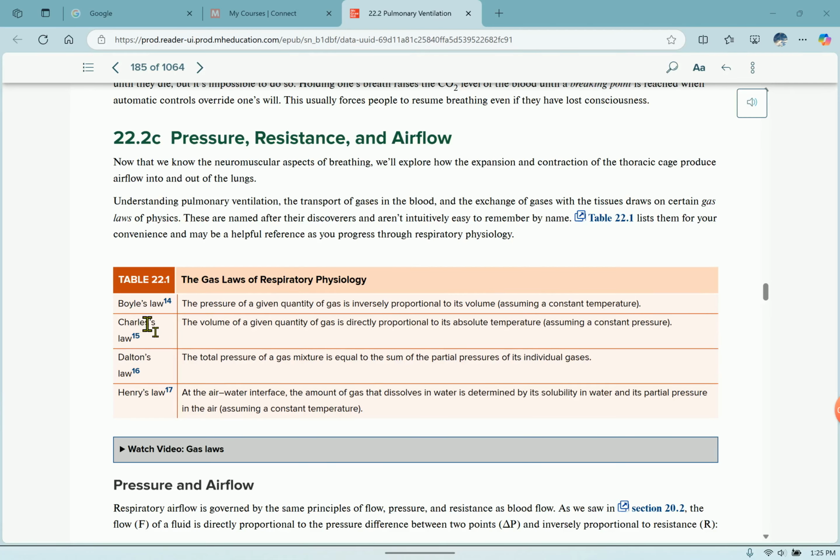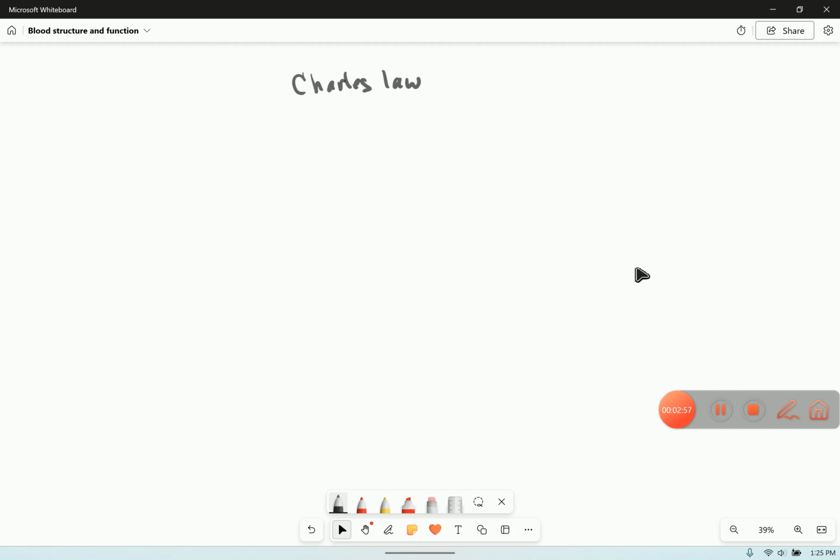Okay, let's look at Charles' law, which is the volume of a given quantity of gas is directly proportionate to the absolute temperature. Okay, what does this mean? In order to understand Charles' law, let's look at the four things that are responsible for breathing and gases and all that influence gases.